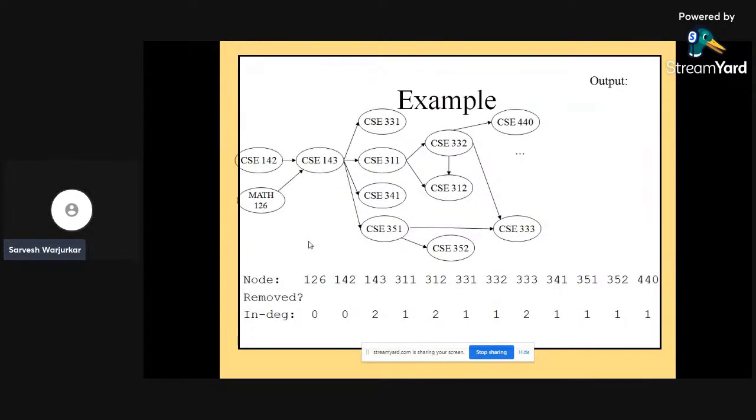If we remove edges in the given example, I can say the in-degree of every node: 126 is 0 because there is no inward arrow towards 126.